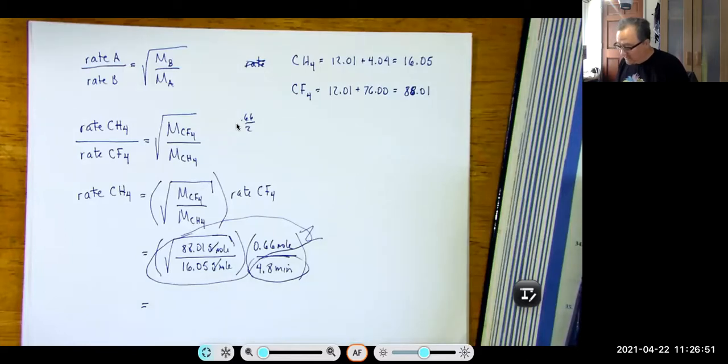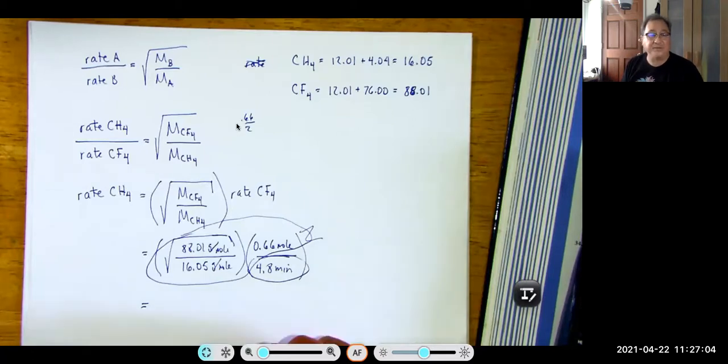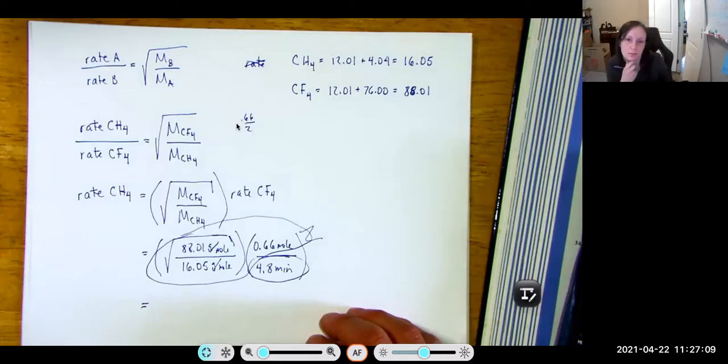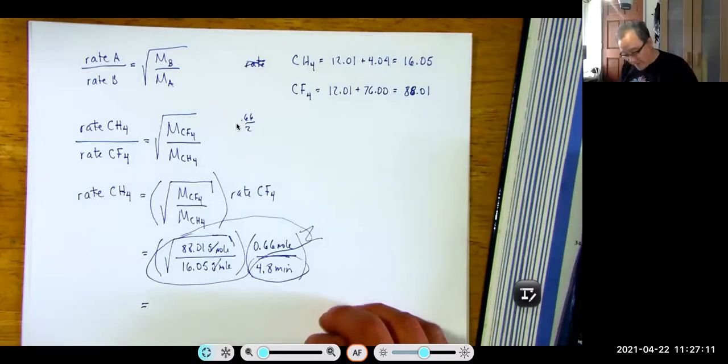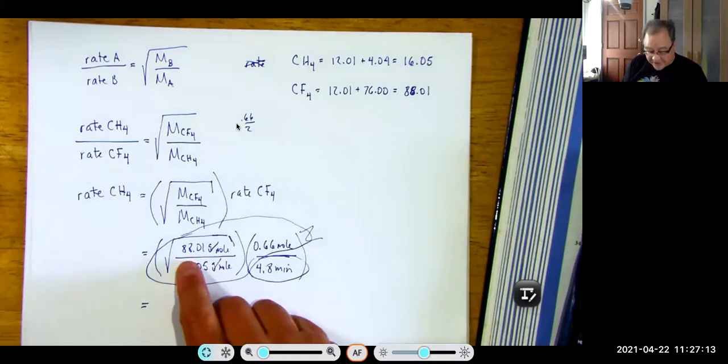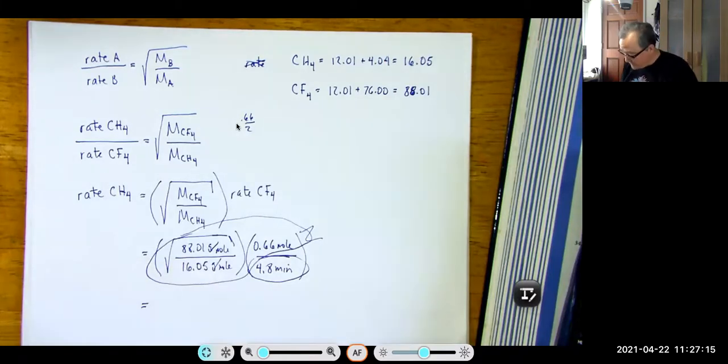I just want to make sure that this came out really funky, and my answer is 1. So none of that's working for my calculator. What should I do? I don't know. I'll tell you what I'm going to do. I'm going to take 88.06 and divide it by 16.05.